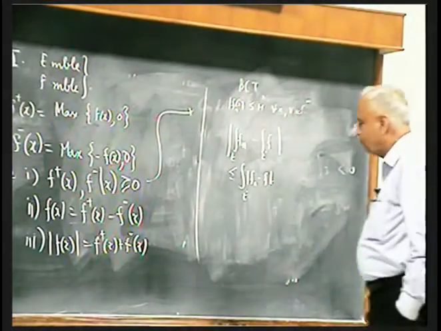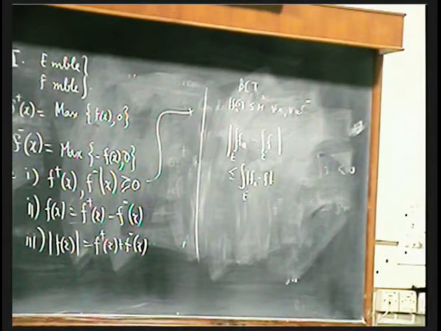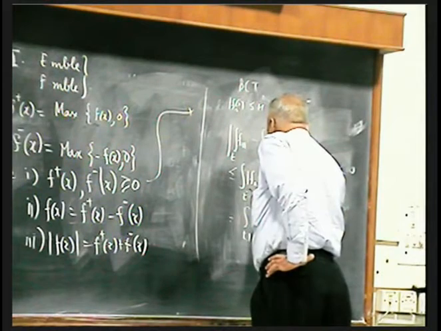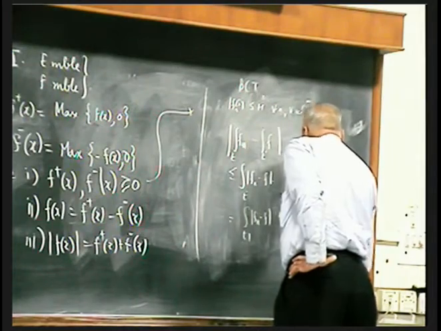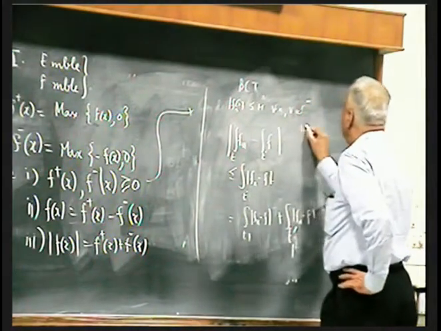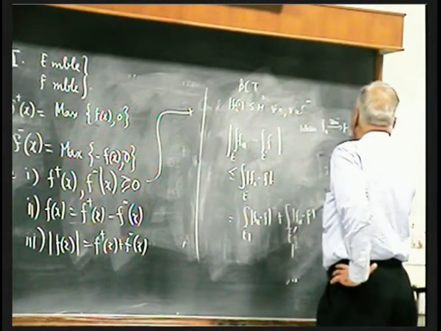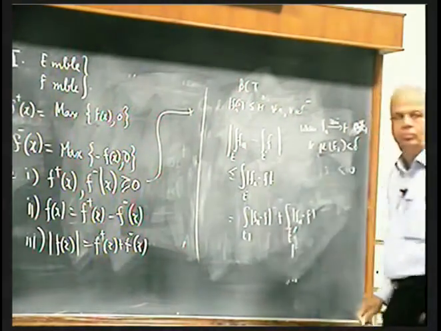If Fn converges to f uniformly, then this is automatic. Since Fn converges to f almost everywhere, except on a set of small measure, I can make this converge uniformly. So I will write it as integral over E1 of mod Fn minus f plus integral over E1 complement of mod Fn minus f, where Fn converges to f uniformly on E1 and the measure of E1 is less than delta.